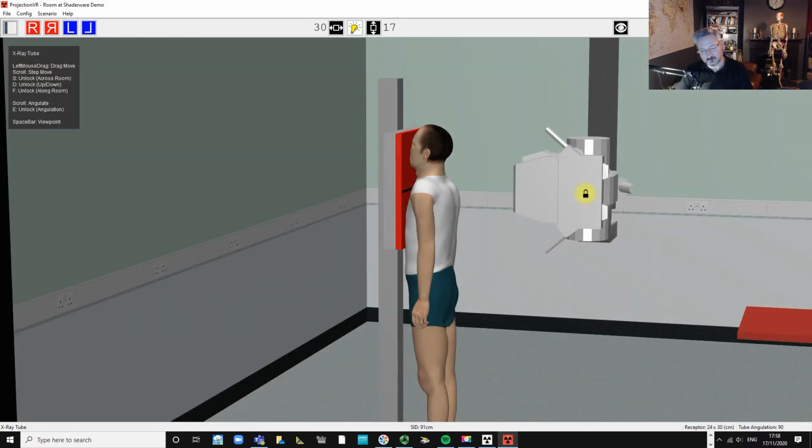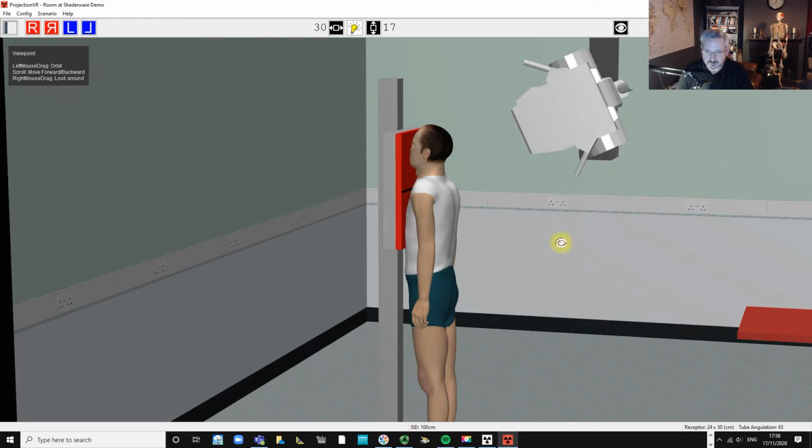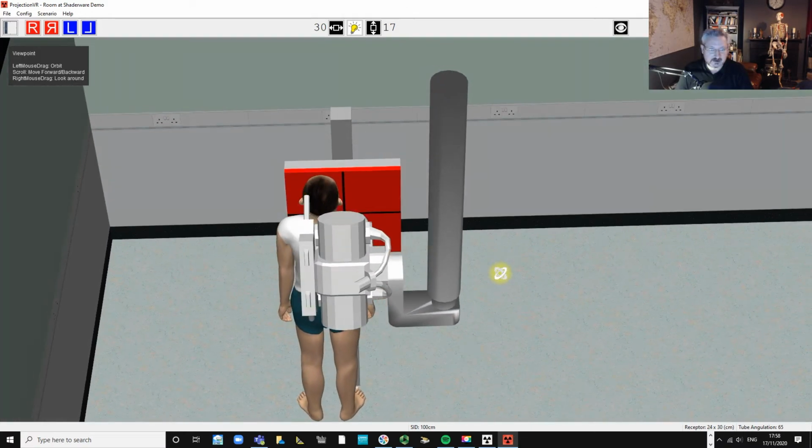Because we angled up when the patient was antero-posterior, we're going to have to angle down now the patient is postero-anterior. So where it was 90, it's going to be 65 now. It's for 25 degrees. Okay, so raise this up and see if we can aim at the clavicle.